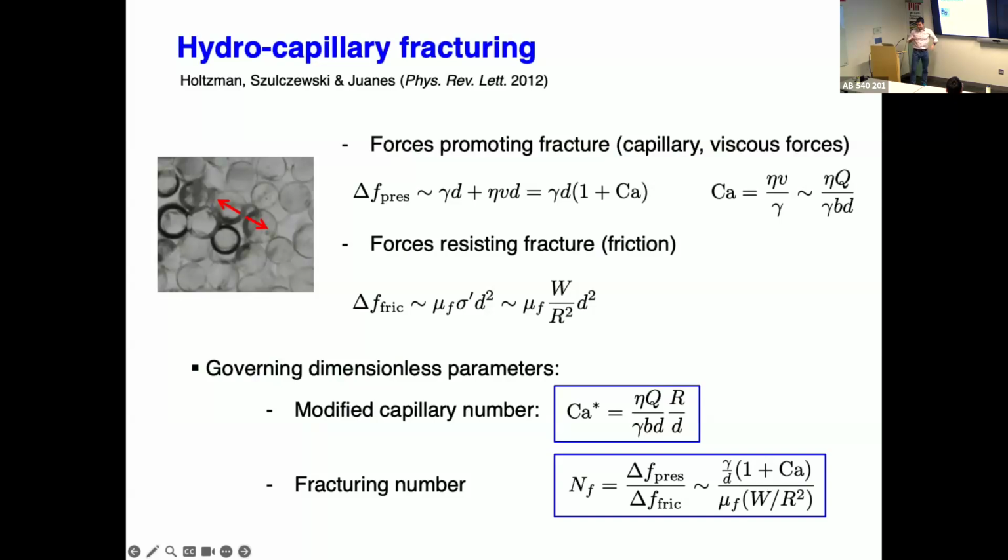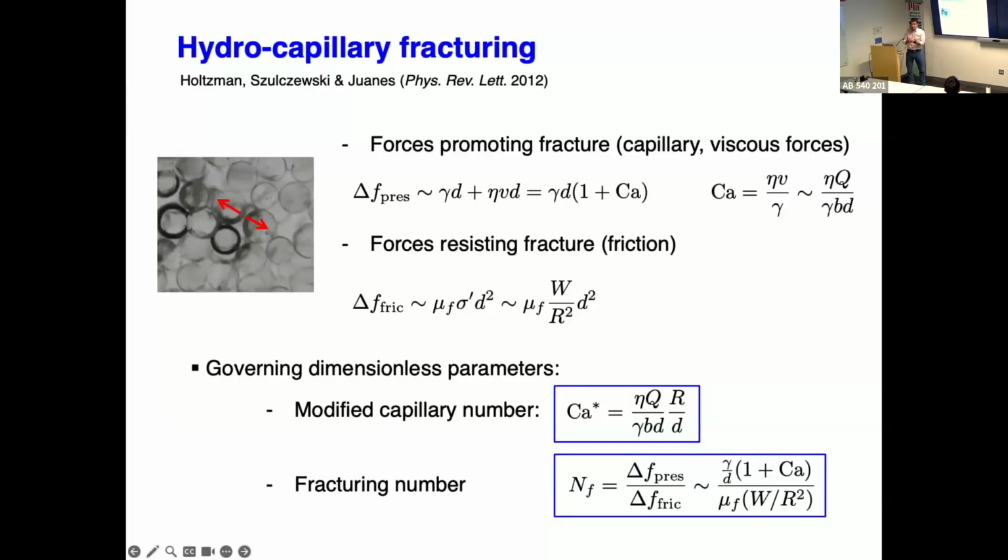So one can think of, really with a back of the envelope argument, forces that act in the direction of dislodging the contacts between grains, and forces that act in the direction of keeping those contacts in place. And so pressure, either capillary pressure or viscous pressure drop, may act to dislodge the contact.